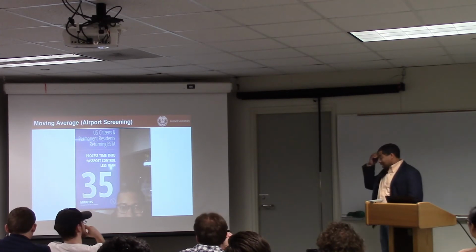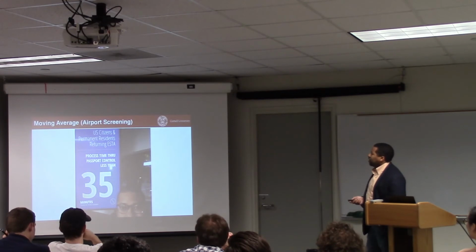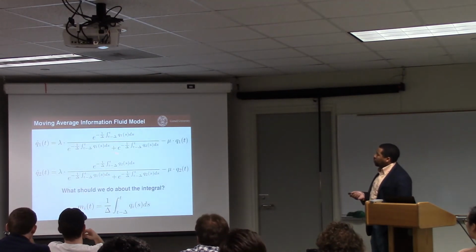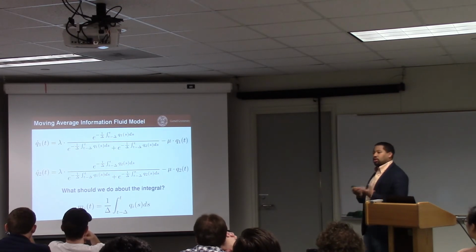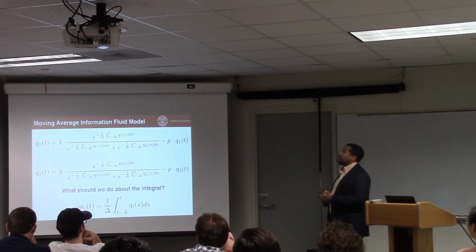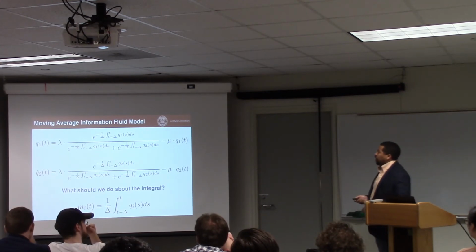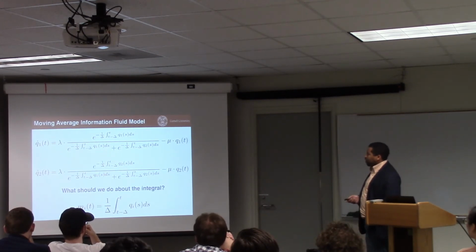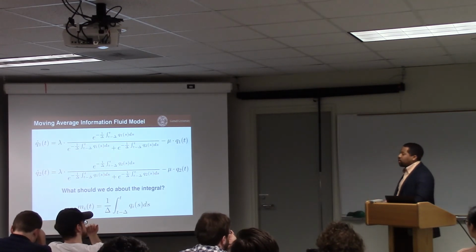And this was at the customs airport screening. Here we have a version of the model where instead of using the queue length at a time delay, we average over a moving average window. And so we analyzed this model as well.